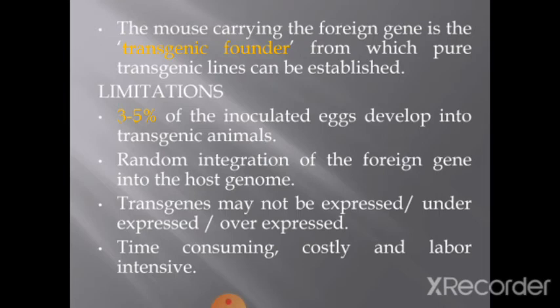But despite all these limitations, this technique is routinely used for producing transgenic animals. So till now I have taught you the definition of transgenesis, a few terminologies you are supposed to know, then the significance of transgenic animals, then transgenic mice, how to produce.